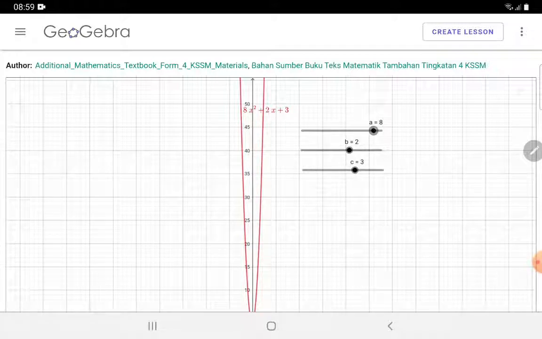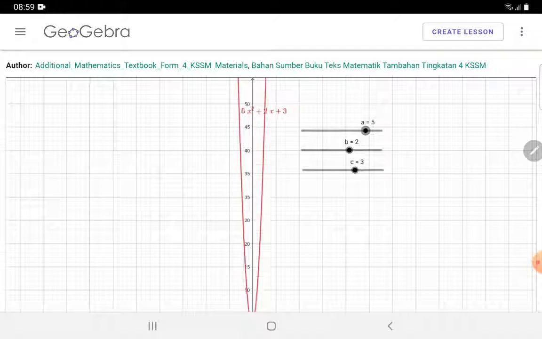Our hypothesis must be the opposite, right? If greater than 1, the width becomes smaller, so if the value of a is less than 1, the width of the graph will increase.